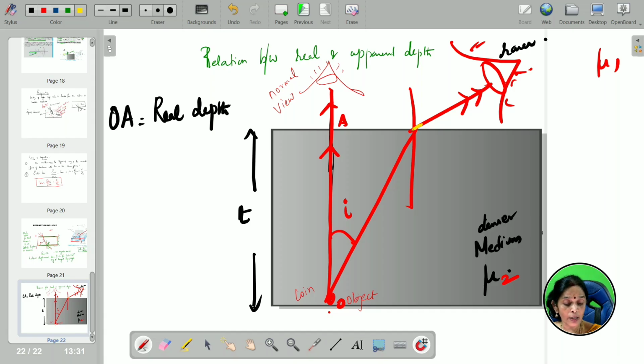When you produce the rays of light at the back, the image obtained will be at point I, as if it is at point I. But actually where was the object? The object is at O. But here the object appears as if it has been raised to point I.